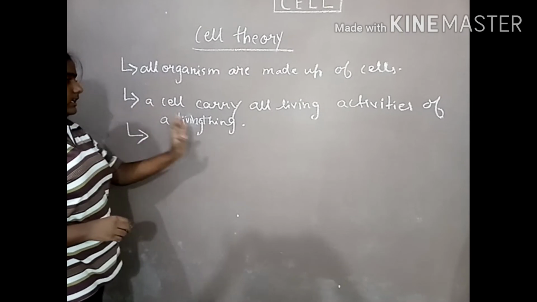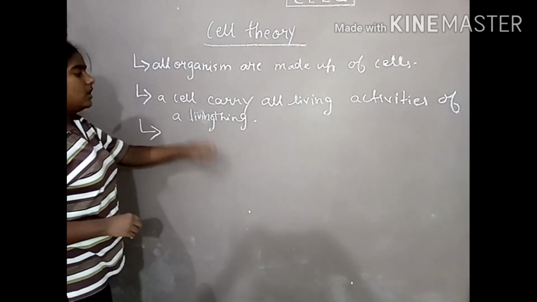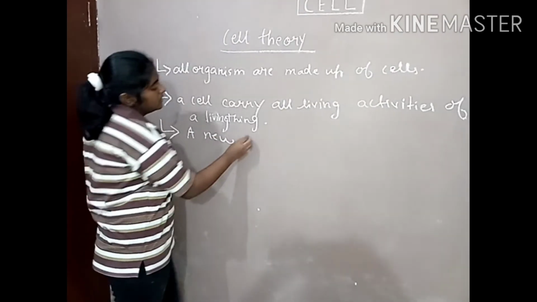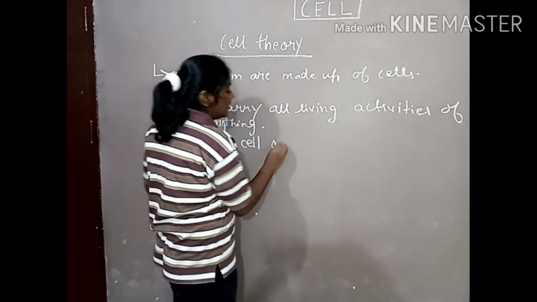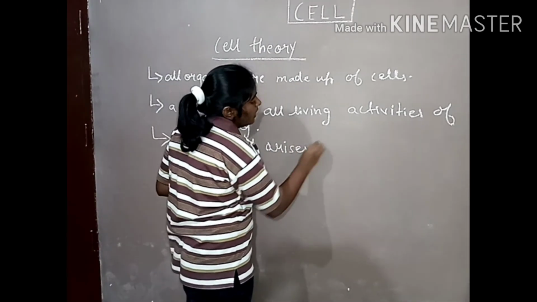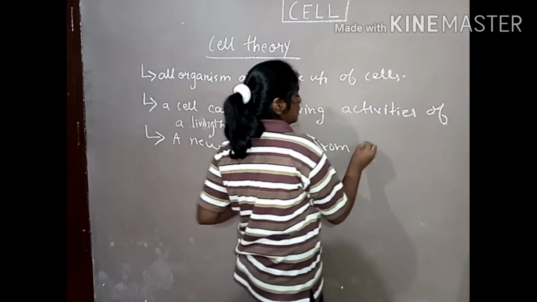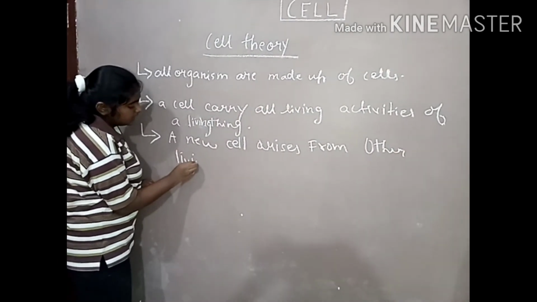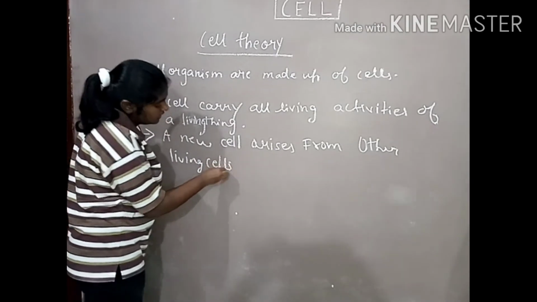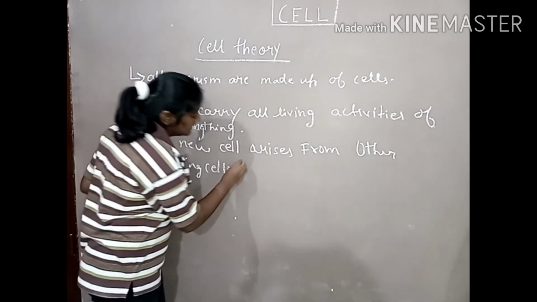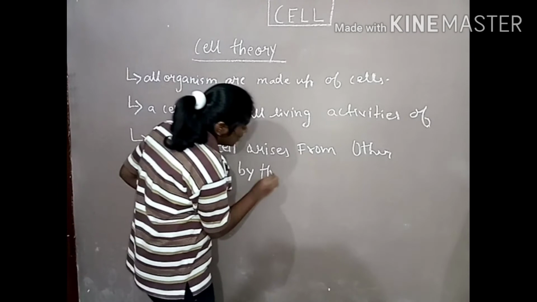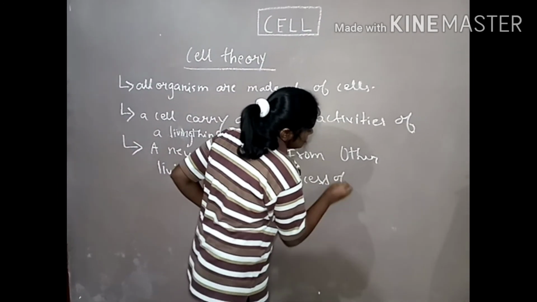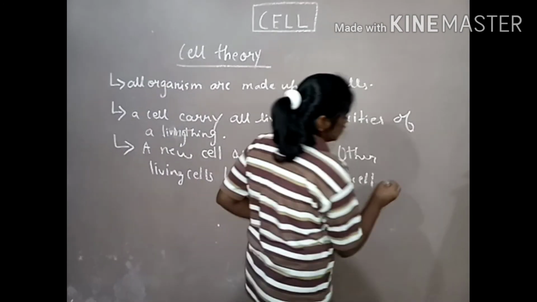A cell carries all living activities of a living thing. A new cell arises from other living cells by the process of cell division.